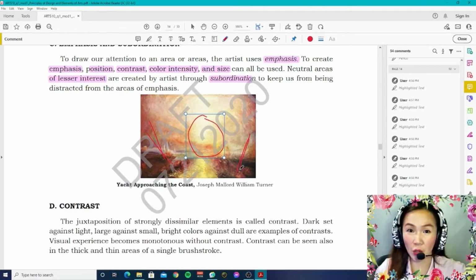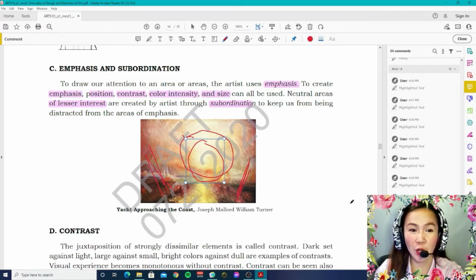Okay, papasok dyan yung color intensity. The size, bigger siya. Tama ba? The position, of course, medyo center para dun agad ang tingin mo. And yung mga subordination, nasa gilid. Okay, so that's how you have emphasis and subordination.